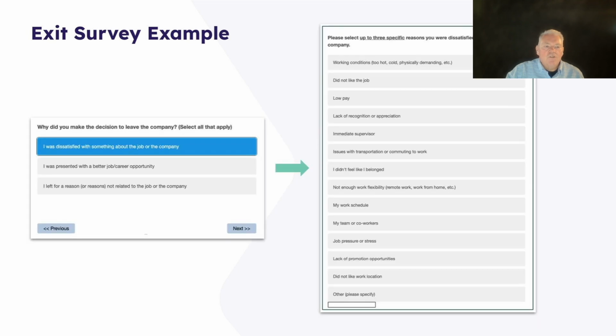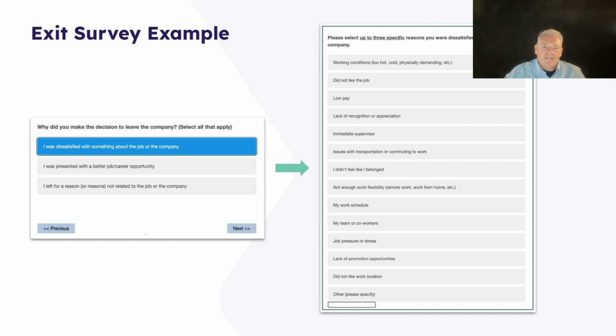So what happens when you pick the first choice? If you were dissatisfied, then it would branch and give you this list of micro reasons. So this was all programmed in Qualtrics. Qualtrics makes it very easy to set up a survey in this way. So if you ask this, then you get this question. And I've done this multiple ways, but the way that we did it there was that you could pick up to 3 reasons for that.